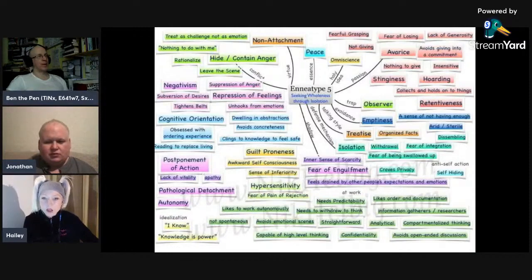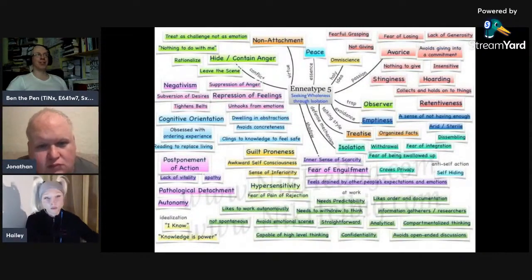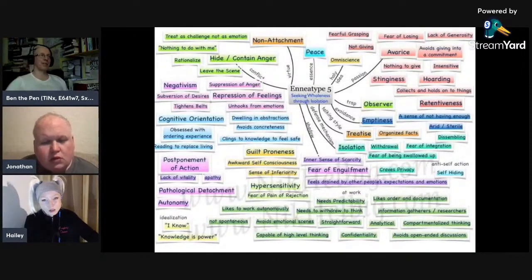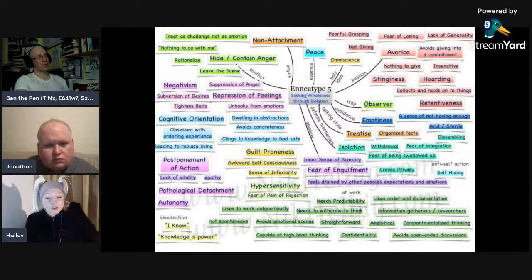Apathy, autonomy, guilt proneness. Hold on, let me see what this is. Is that talking style? Whereas to me, reading is a challenge. Reading is a chore. But yeah, that might be an ADHD thing, and because I have to hyperfocus. Okay. So this sense of inferiority, I don't relate to that. I don't know what the orange is supposed to be.